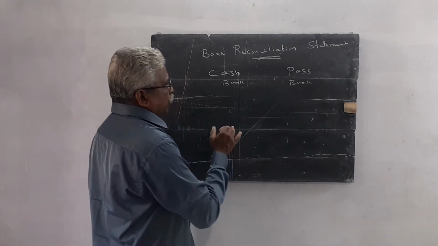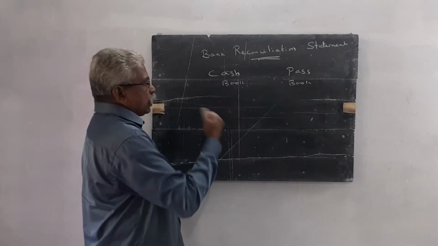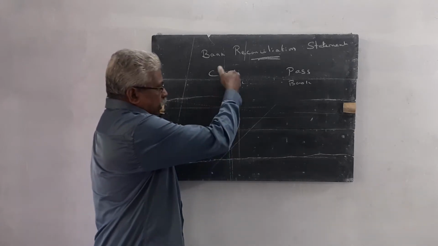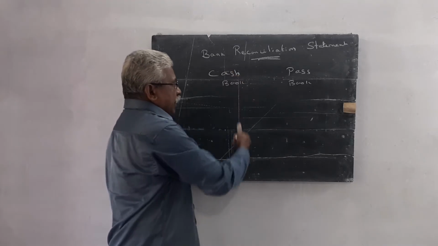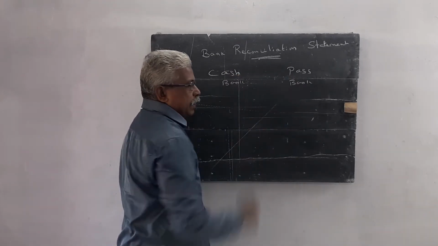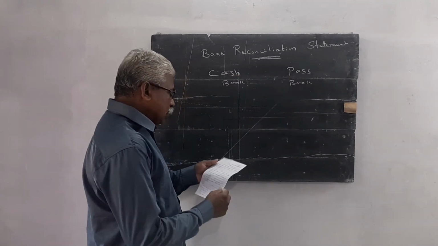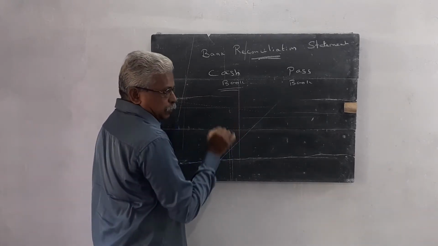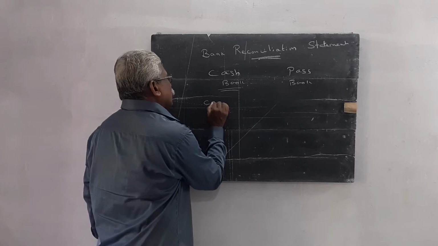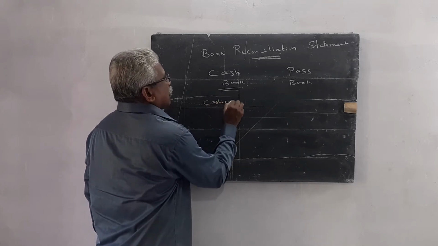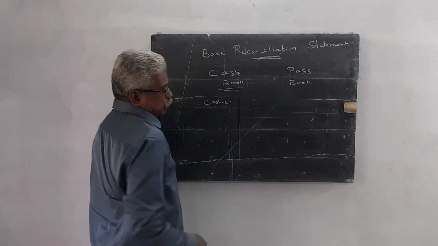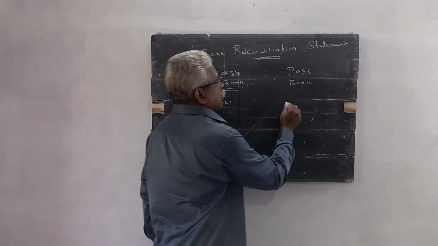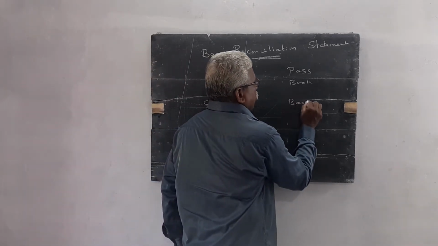Before that, I want to explain the differences between the cash book and the passbook, the points we study about them. The cash book is prepared by us, or our cashier is preparing the cash book. But the passbook is prepared by the banker.